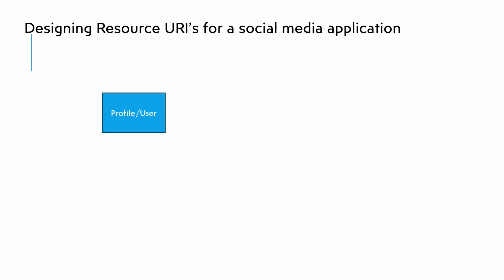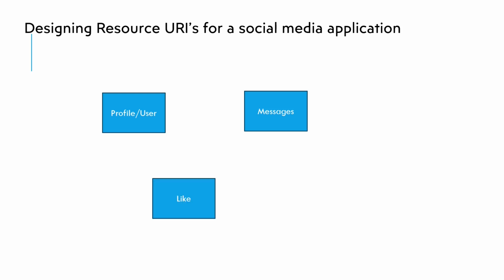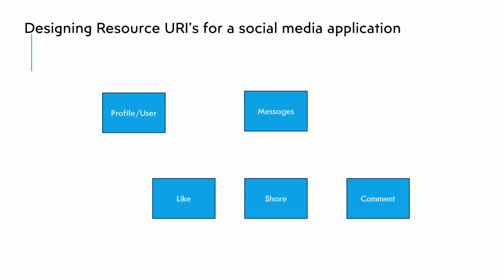Then whenever this person is active on a platform like Facebook, Twitter, or Instagram, they will write some messages on the platform, and their friends or followers will like, share, or comment on the messages, right?